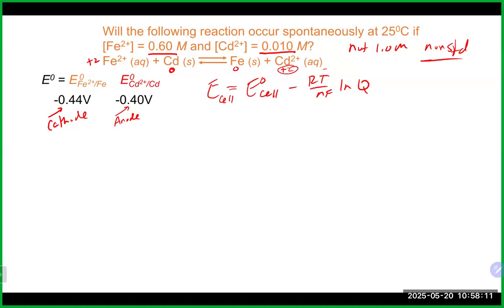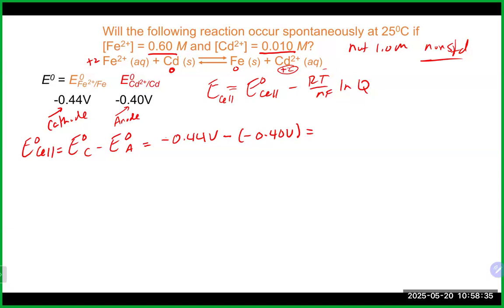So we can calculate E of the cell under standard conditions. And once again, I'm going to subtract because I'm not going to change the sign. And as usual, if you did change the sign, you should add them together. You would be changing the sign of the anode in this case, by the way. And that would give us minus 0.44 volts, minus a minus 0.4 volts in this case.